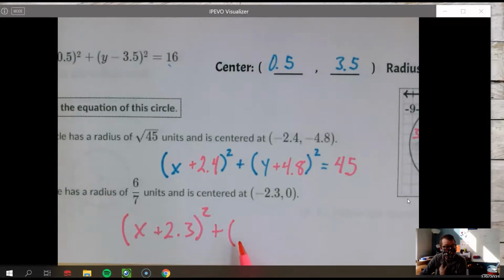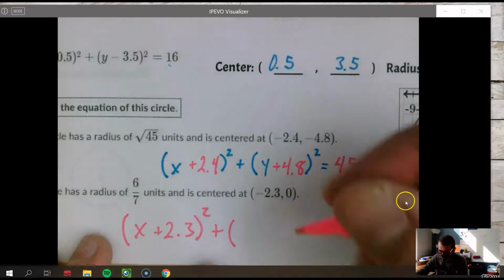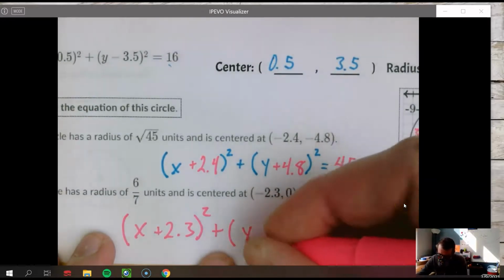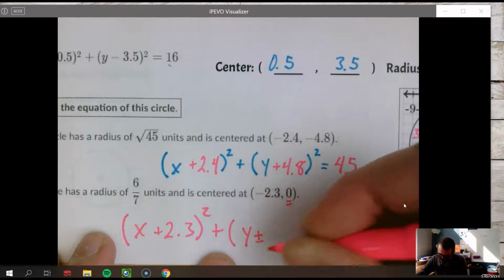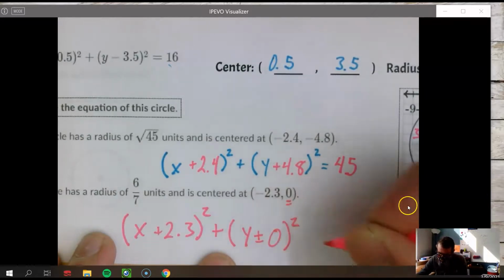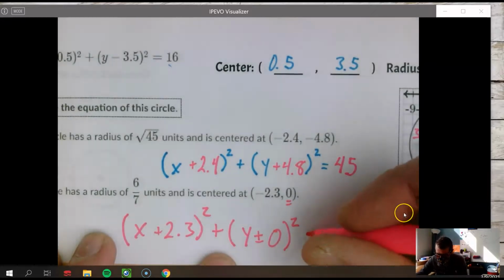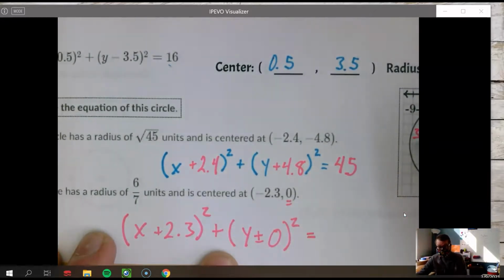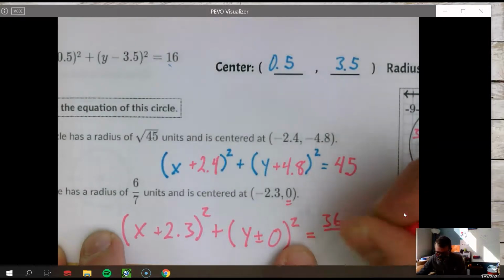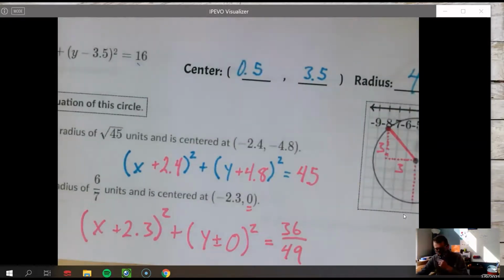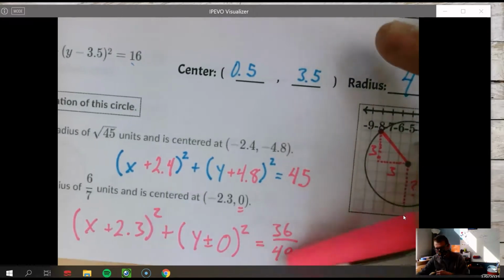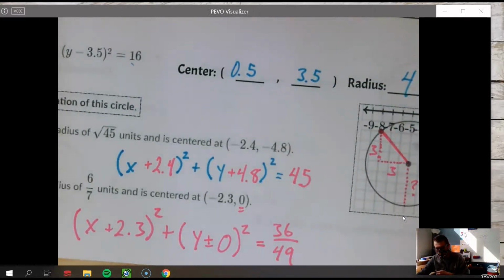So then, oh, I don't even really need this parentheses because my y value is 0. So for anyone that wants to write it down, it's y plus or minus 0 squared. That's going to be just y squared equal to 36 over 49. I highly doubt it. I mean, this one's divisible by 3, but this one is not. So I kind of doubt it.